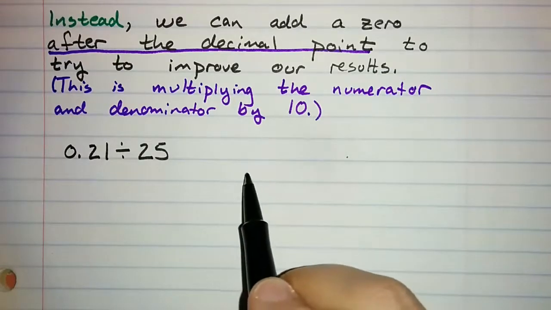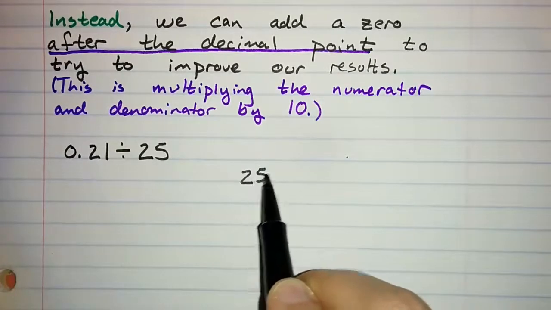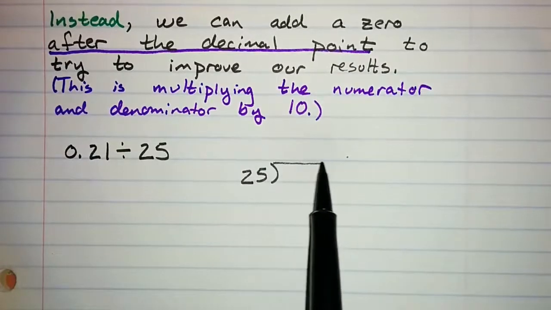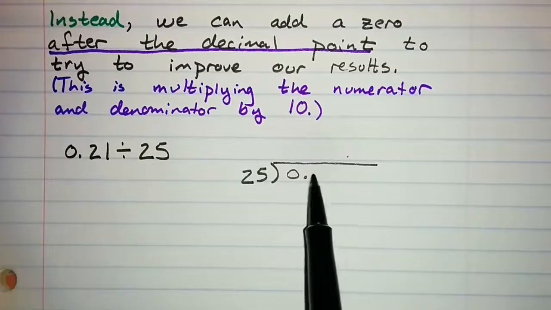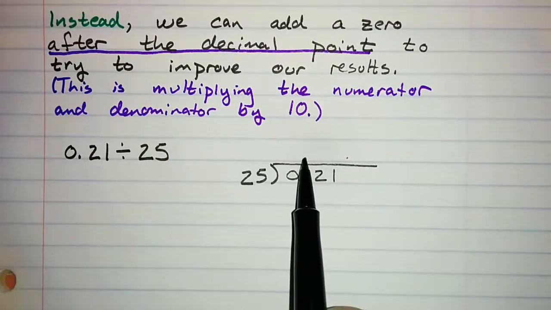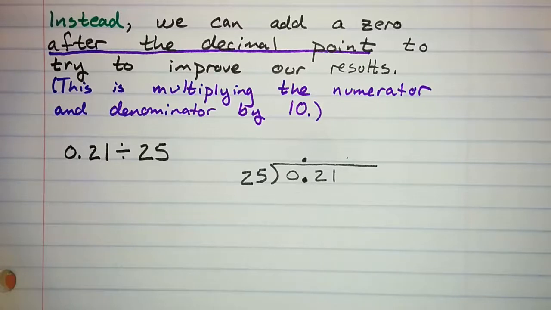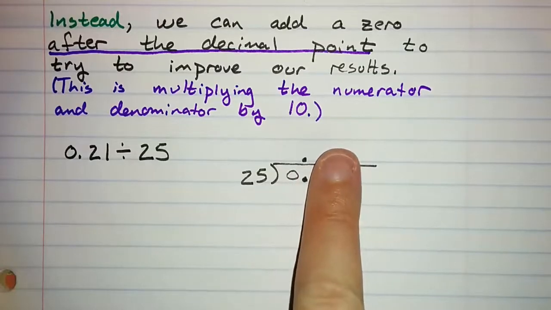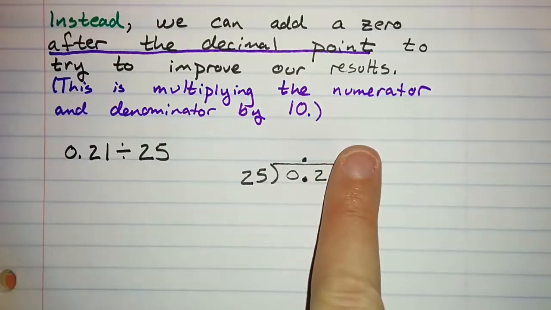Well, we would divide 25 into 0.21, write the decimal point in our answer above the decimal point in our dividend, and then forget about it. 25 goes into 0, not at all.